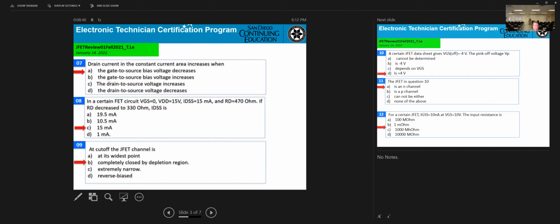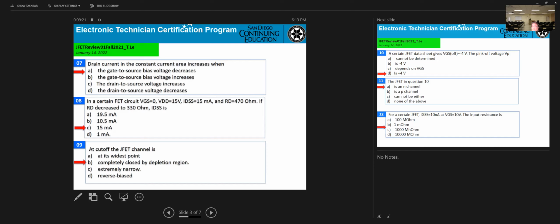Exactly. And on the x-axis you have cutoff on the bottom end. That's VDS. However, they show you on that graph ID equals IDSS with VGS equal to 0. Okay? That's C on number 8.